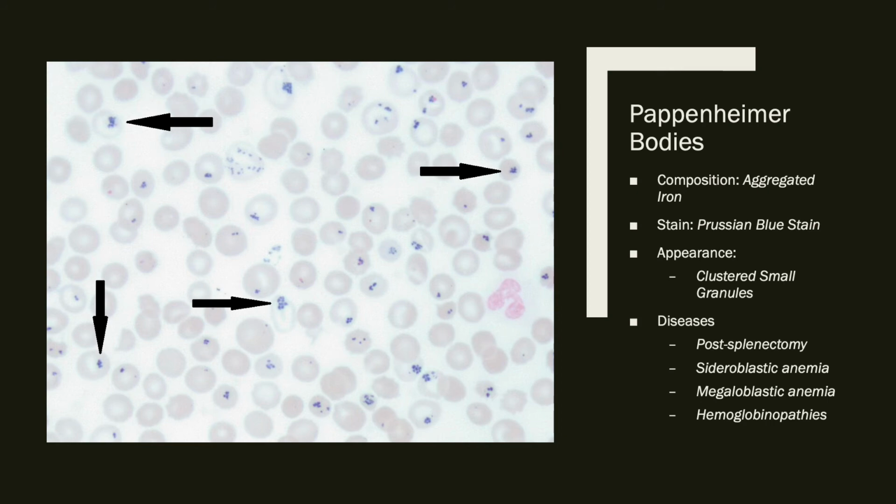So the difference between these and basophilic stippling, at least in their appearance, is that the basophilic stippling is spread all over. These ones are typically more confined. And obviously there's multiple of them, so we're not looking at a Howell-Jolly body typically. With these, you'll see it in a post-splenectomy patient again, because the spleen typically pits these. And then you can also see it in the sideroblastic anemias, megaloblastic anemias, and hemoglobinopathies.